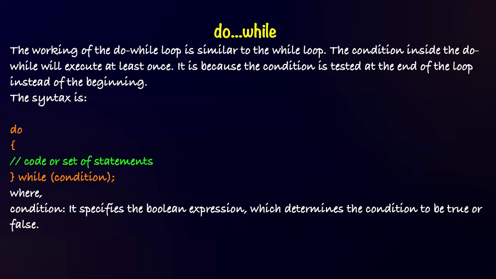Now you see what these statements mean. Let's take the example of the difference between a while loop and a do while loop, which would be easier to understand. A while loop checks the condition.